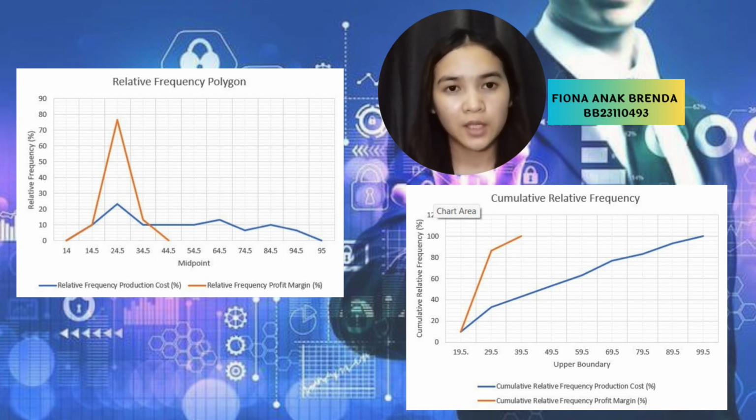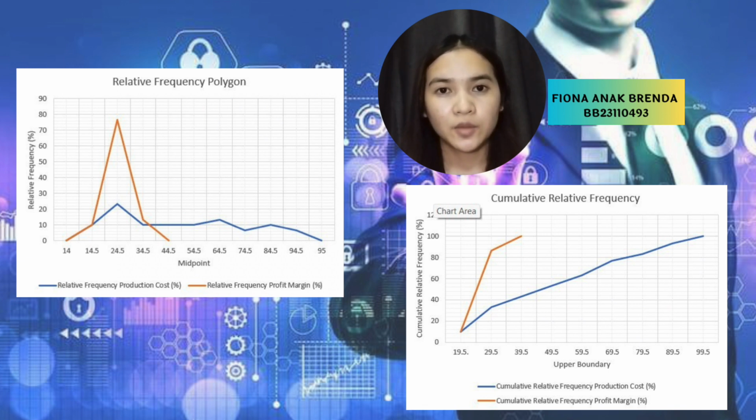For the cumulative relative frequency graph, we can observe that the cumulative pattern for production costs varies widely compared to the profit margin. The cumulative relative frequency for profit margin reaches 100% very quickly within a narrow range, while the production cost takes a slower accumulation.